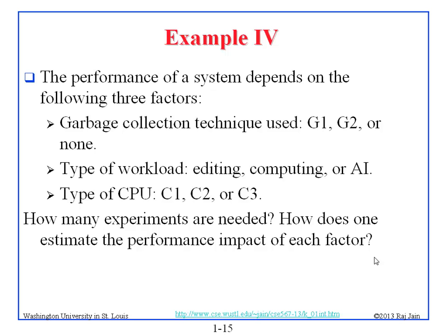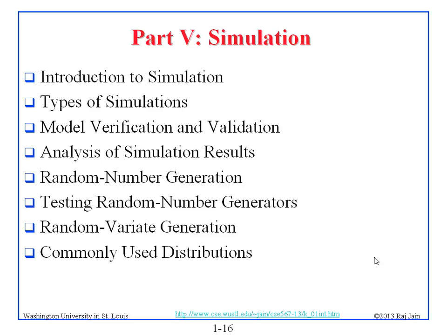Right? Okay. So simulation. It turns out in research in particular and in advanced product design in the industry as well, most of the time the thing that you are going to measure is not there at all. So the computer, the database system, the algorithm, the thing that you are designing is not there.